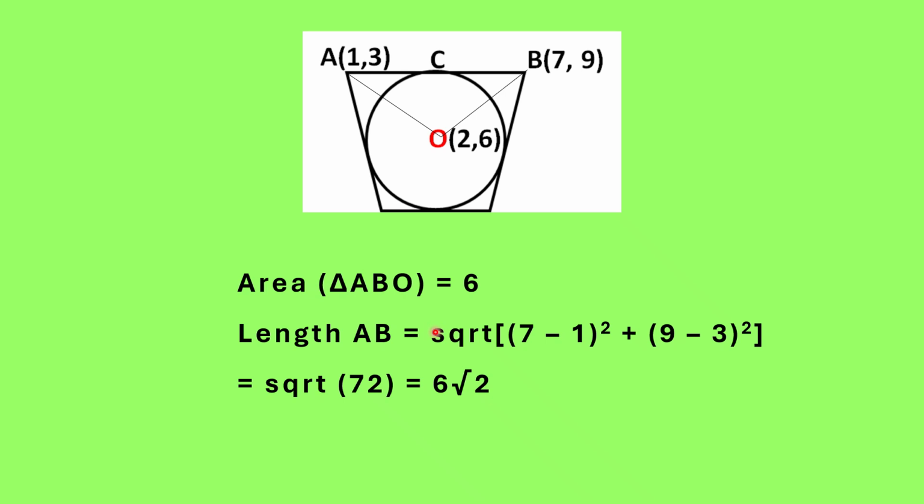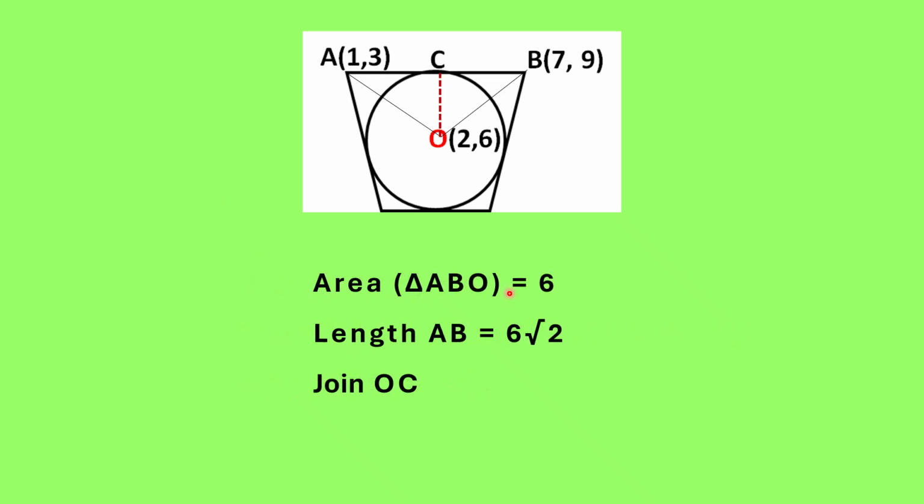That is root of 72, because 7 minus 1 is 6, 6 square is 36, and 9 minus 3 is 6, 6 square is 36. So square root of 72, which is 6 root 2. So 6 root 2 is the length of the line segment AB, and the area of the triangle is 6. Now let us see how we can combine these two results to get the radius.